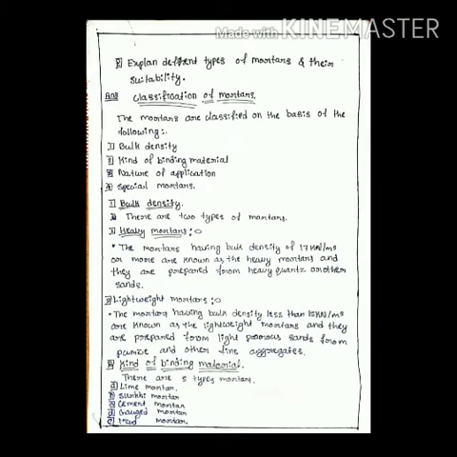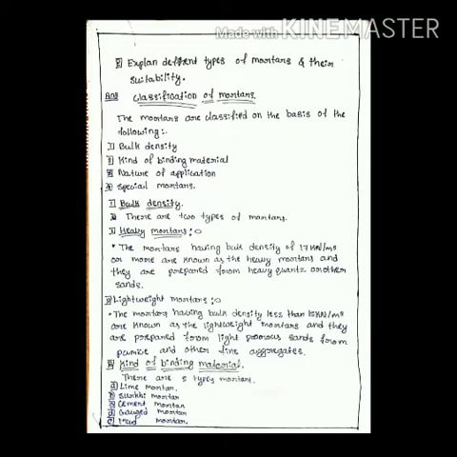Lightweight mortars: those whose bulk density is less than 15 kilonewton per meter cube are known as lightweight mortars, and they are prepared from light porous sand and also from pumice stone and other fine aggregates.